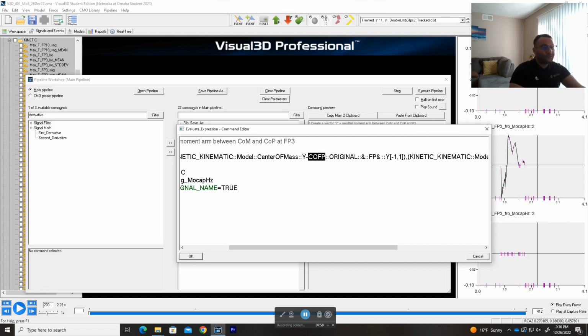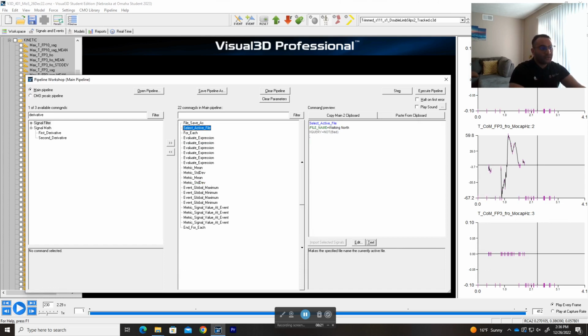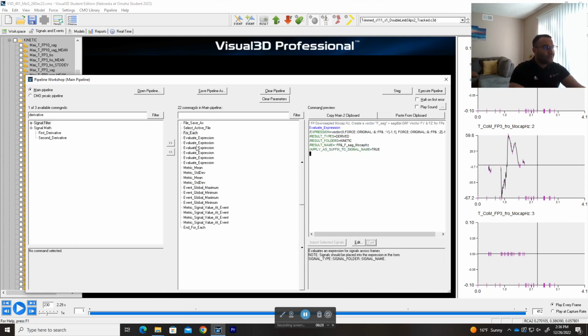So that's the center pressure type, and then two colons, and then original, and then two colons. If you don't use for loops, you just add the force plate number. But when you use for loops, you add an add sign, and then two colons, and then the force plate, whatever name you gave it. I gave it a name of FP to replace those force plate numbers.